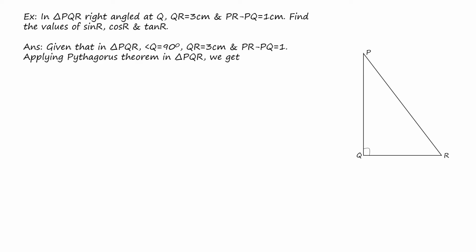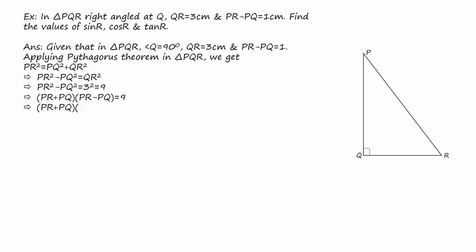So applying Pythagoras theorem, in triangle PQR we get PR square equal to PQ square plus QR square, or you can write PR square minus PQ square equal to QR square. Using that identity, PR square minus PQ square is PR plus PQ whole into PR minus PQ equals 9, or it is PR plus PQ equals 9, because already it is given PR minus PQ equals 1.